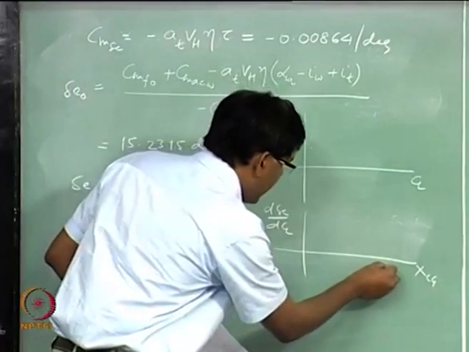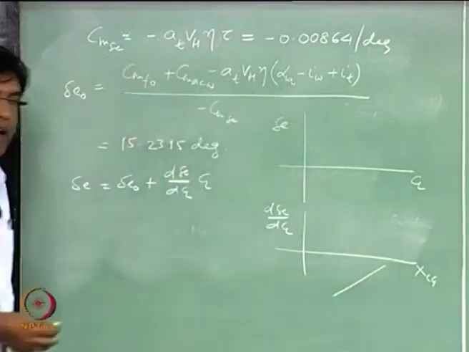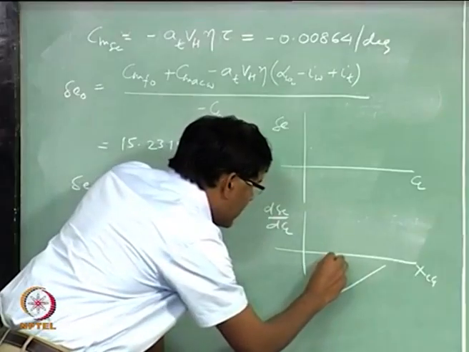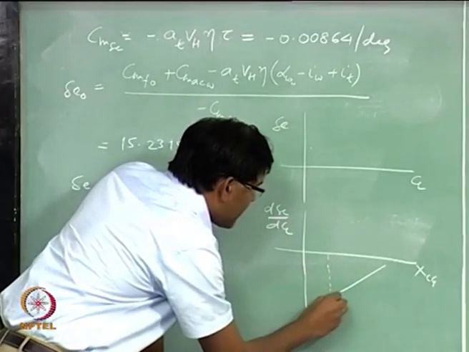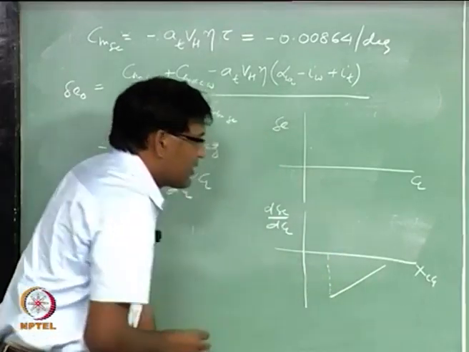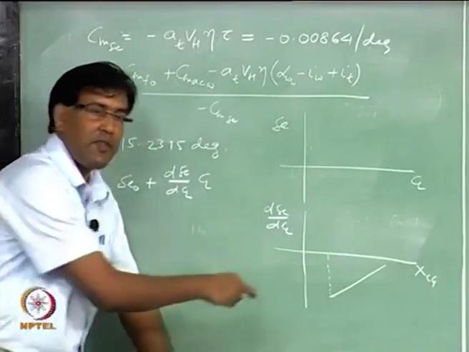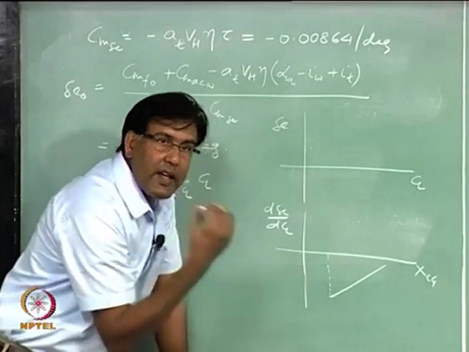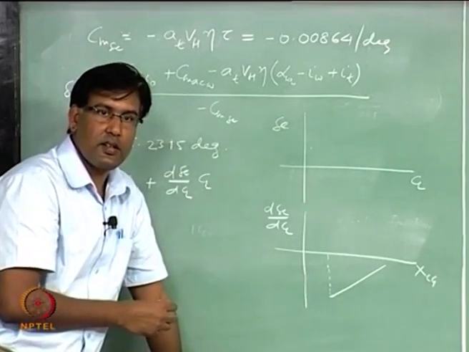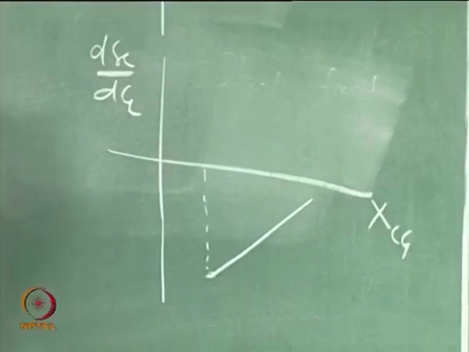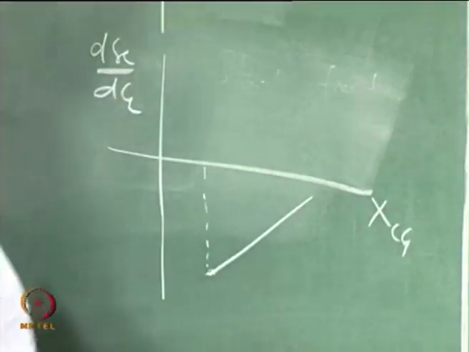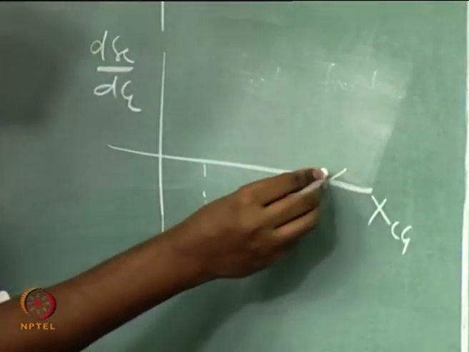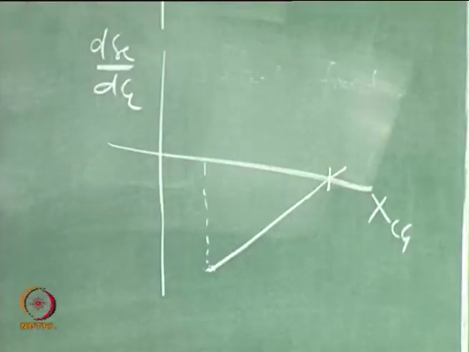So, now clearly the most forward location of the CG is somewhere here, which is going to depend upon what delta E is, and then we joined this and found the neutral point.